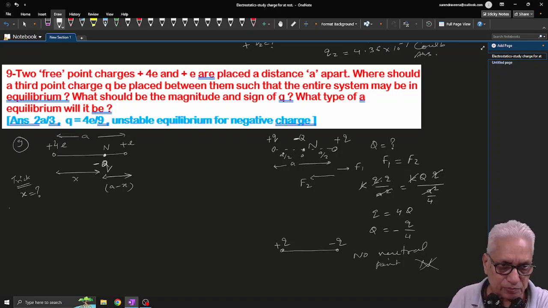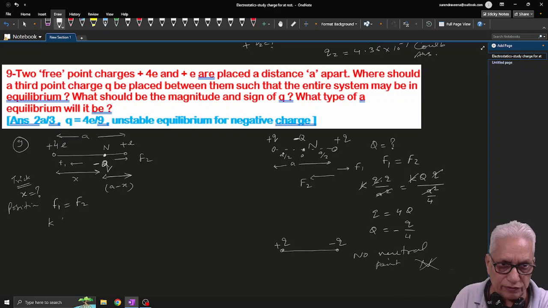So finding the x position, it means here this is the force, a negative attraction force, and these are the two forces F1 and F2. So we have to equalize F1 and F2. F1 means between this and this, F2.